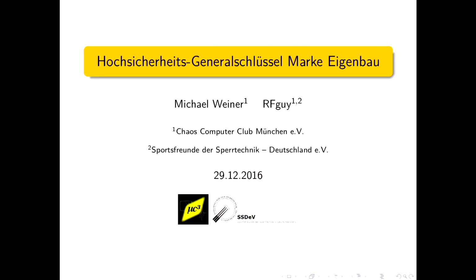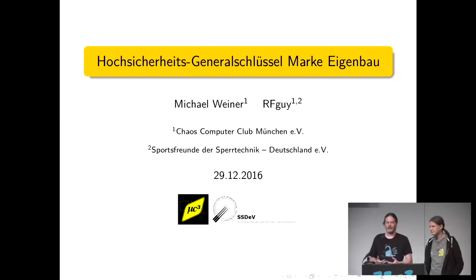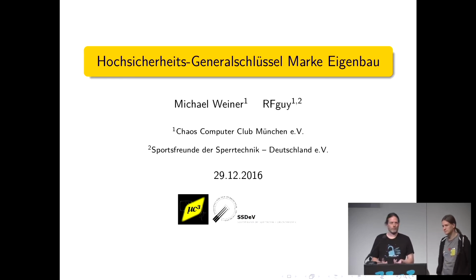Welcome from me. We're going to be talking about homemade high-security master keys. We're going to show you conventional locking systems, and many people have talked about those before, and we will show you two ways of building a master key system logically. Therefore, we're going to have the KESO system, which is a very common system.